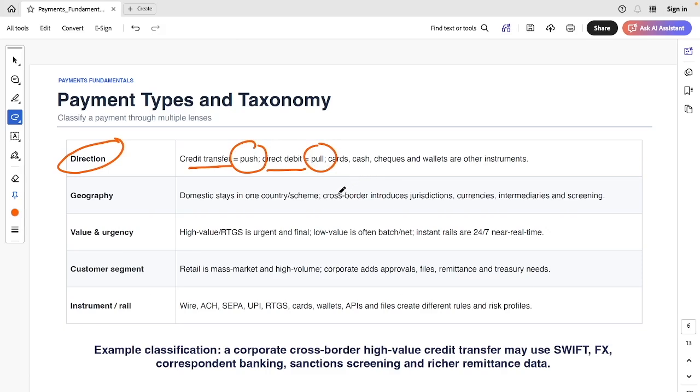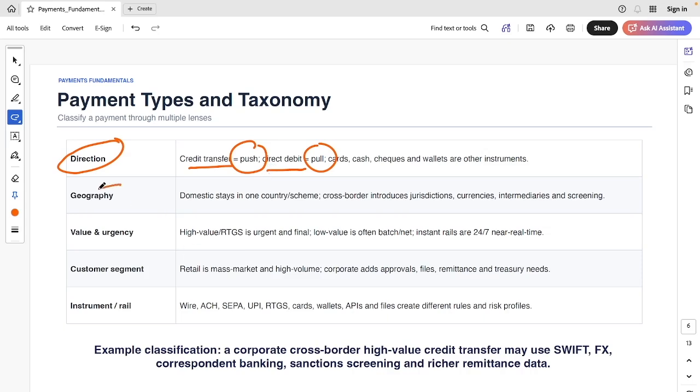For example, in a credit transfer, the payer initiates and pushes money to the beneficiary. You transferring money to a friend is a credit transfer. In a direct debit, the payee initiates collection from the payer's account based on a mandate. For example, your Netflix subscription or your electricity bill auto debit. So that's credit transfer and direct debit.